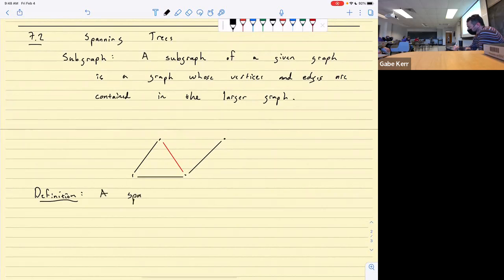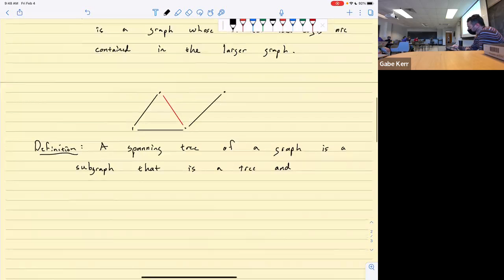A spanning tree is a subgraph of a graph that is a tree and has all the vertices of the larger graph. That's the spanning part.